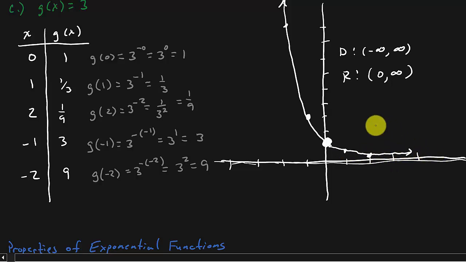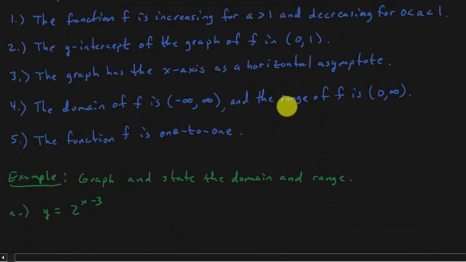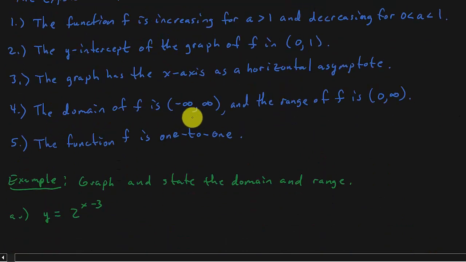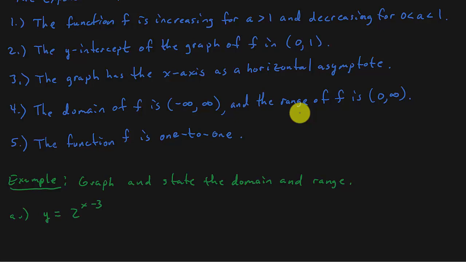And that was the case in all three graphs. The domain of f is negative infinity to infinity, which we saw a while ago, and the range of f is 0 to infinity. So if you notice in the examples we just graphed, that was our range, 0 to infinity.